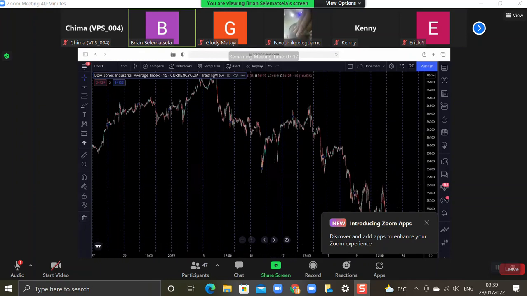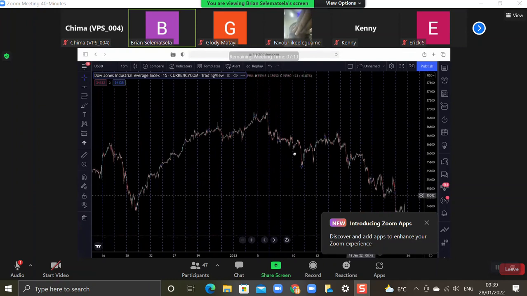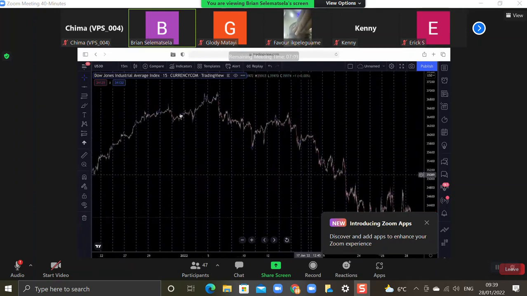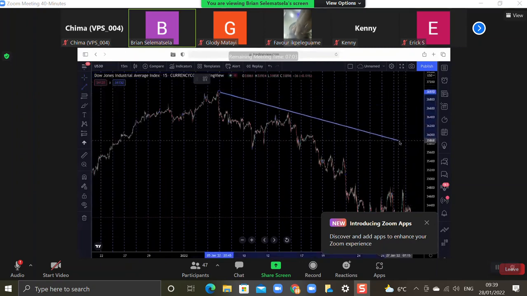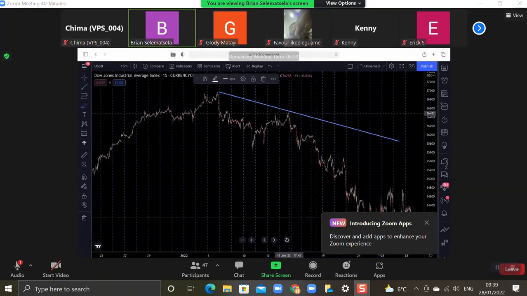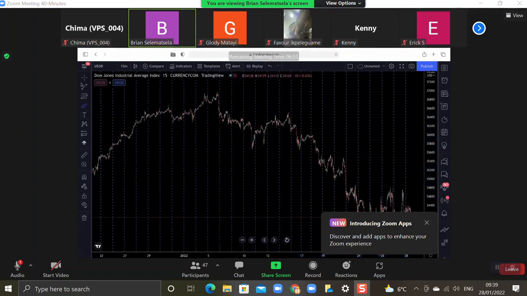So this consolidation, I already knew that, okay, here the market is starting to come to a point where we can expect a turn. Because if it had momentum, it would have continued going.